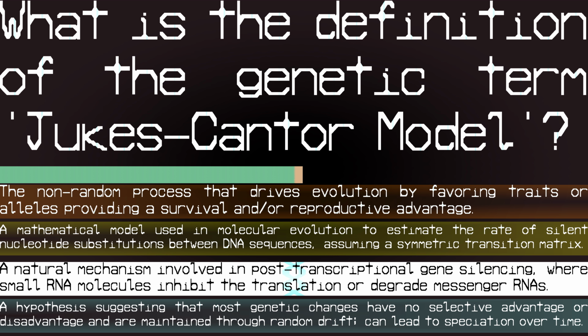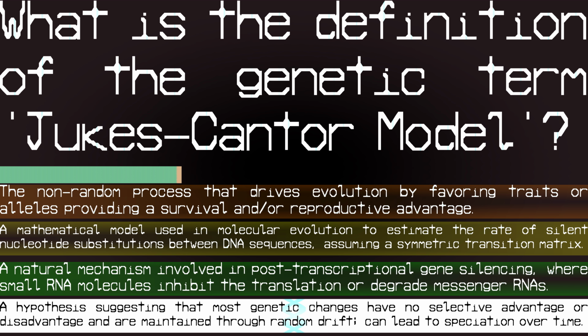A natural mechanism involved in post-transcriptional gene silencing, where small RNA molecules inhibit the translation or degrade messenger RNAs. A hypothesis suggesting that most genetic changes have no selective advantage or disadvantage and are maintained through random drift, can lead to speciation over time.